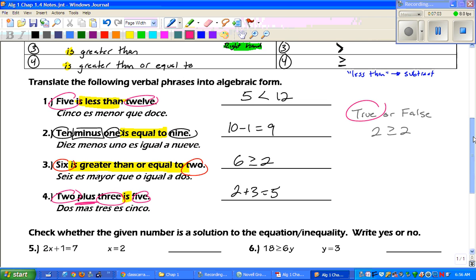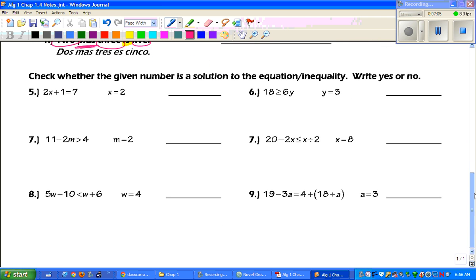All right. Let's move on to the bottom. The bottom says check whether the given number is a solution to the equation or inequality. And it tells us to write yes or no. Now, if something is a solution, what this is telling us to do is to plug in and see if it gives us a true statement.